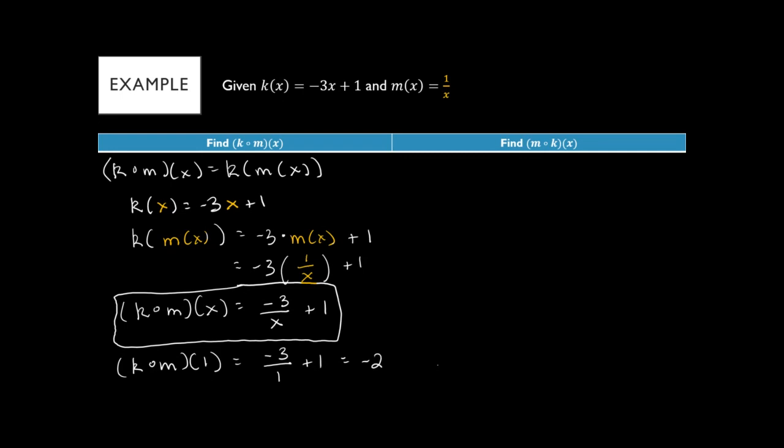So the nice thing about doing your function composition and leaving it in an equation is that you only need to plug in your value for X in one place, instead of plugging it into K, getting an answer, plugging it into M, getting an answer, plugging into K, and getting an answer. You can get your equation and then you only need to plug in your value for X once because you've already put the function inside the other function.